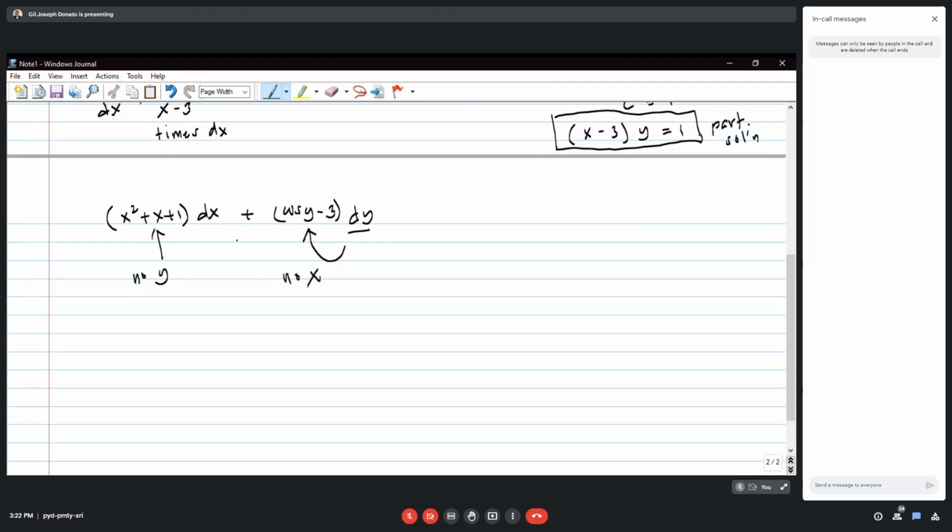So, ibig sabihin, yung equation natin, sa M function of x, y, dx, halo-halo ang laman yan, plus N, another function na may x, y, dy, equal to 0.